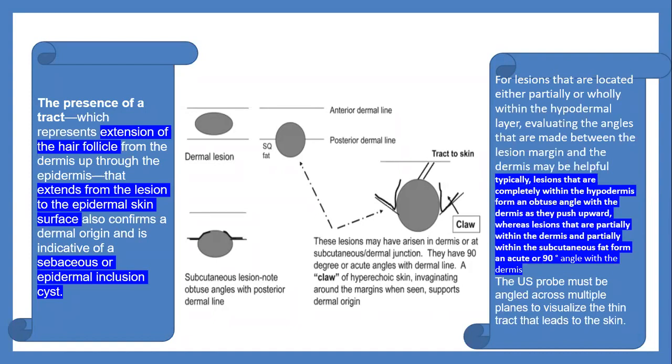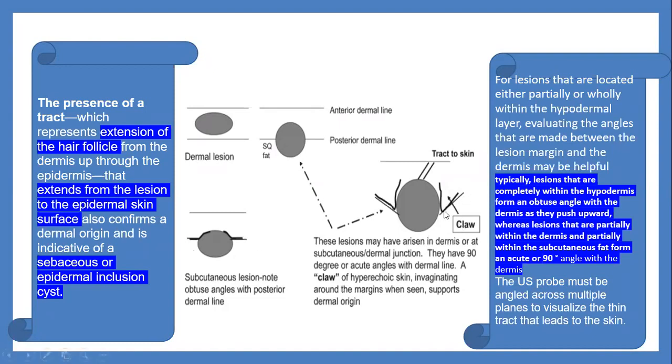The ultrasound probe must be angled across multiple planes to visualize that tract. This we have to describe later. Did you understand this difference in the angles? Is it clear? Yes. We said the lesion arises from the dermis as is seen here.